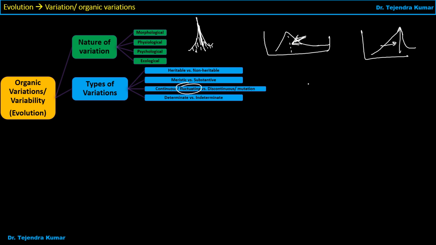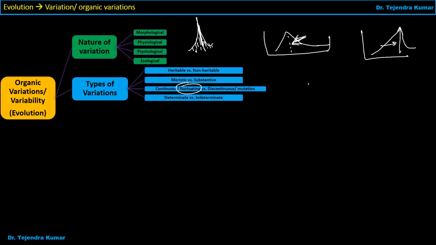This moth would be able to save itself, and that's why this species enormously increased. The light colored one was easily visible to predators, and the predators came there and ate those organisms.